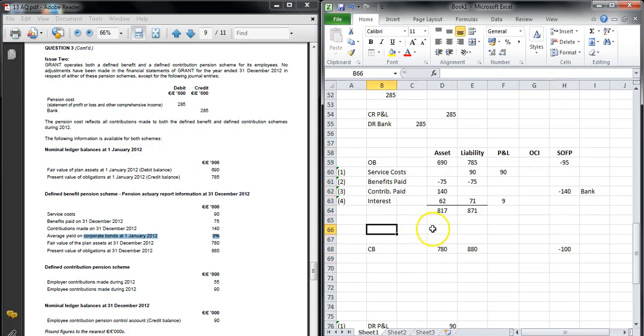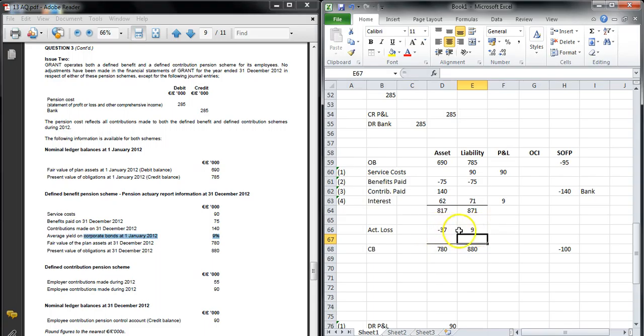So we'll see here, we expected it to be valued at 817, it's now gone down to 780, therefore the actuarial loss must be 37. So we'll call that actuarial loss. So the asset has reduced by 37 based on the actual report at the end of the year. Likewise the liability has actually gone up by 9.